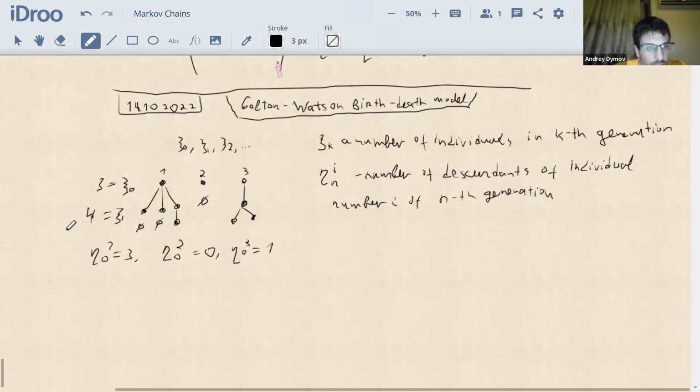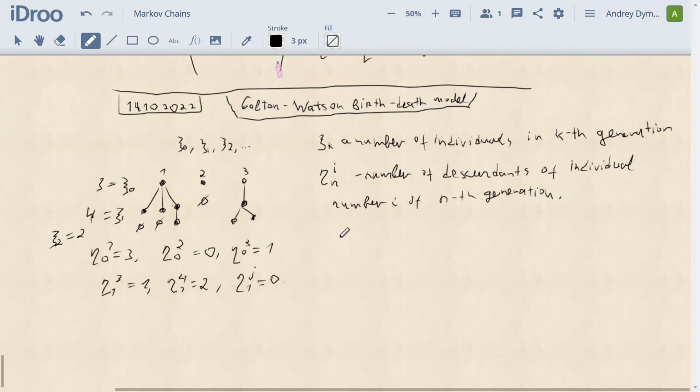In this case, xi2 equals 2, and eta 1,3 equals 1, and this is the fourth, eta 1,4 equals 2, and for the other j, eta 1,j equals 0. Okay, is the model clear?